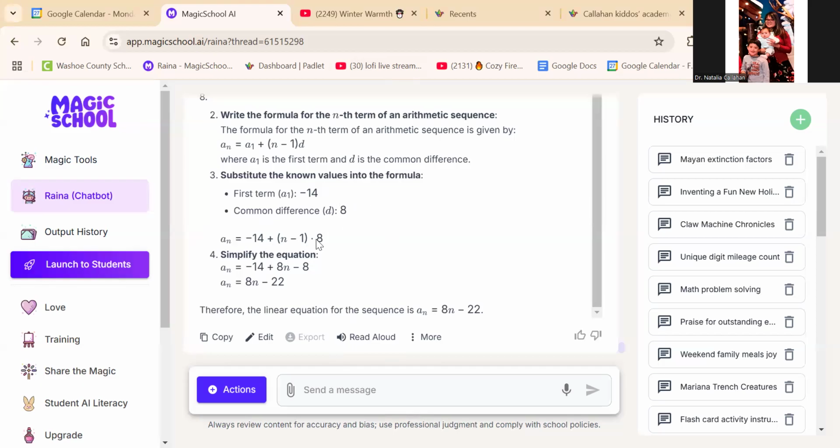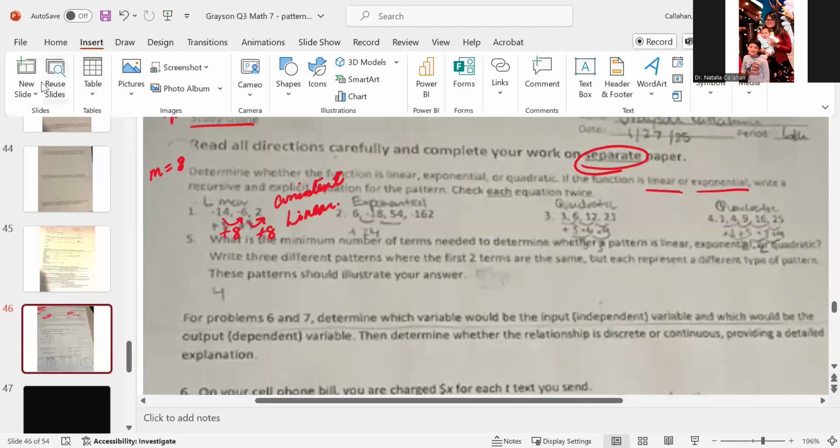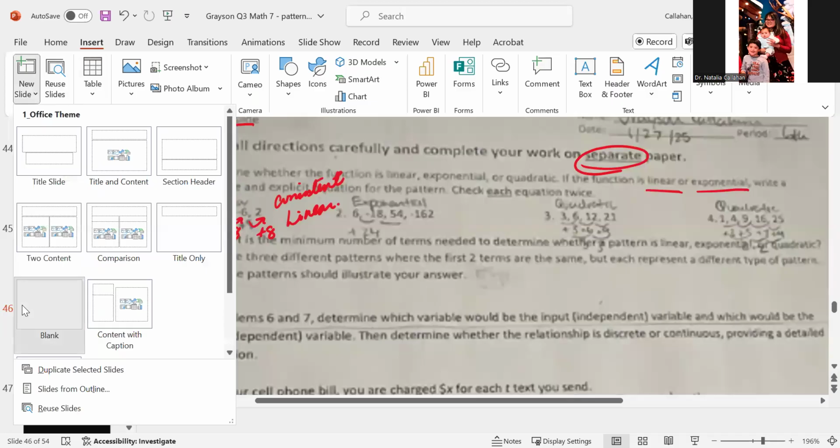Ridiculous. Okay, so I want to go back to this. Hold on. I think she's doing it because she doesn't actually know what she's doing, which is not surprising. Just asking the students.